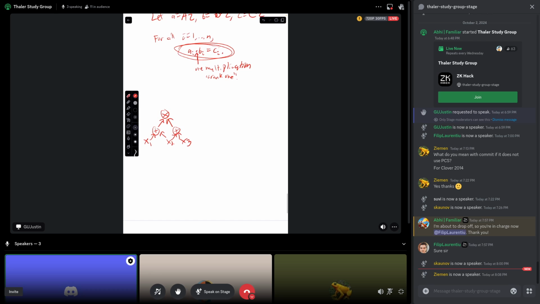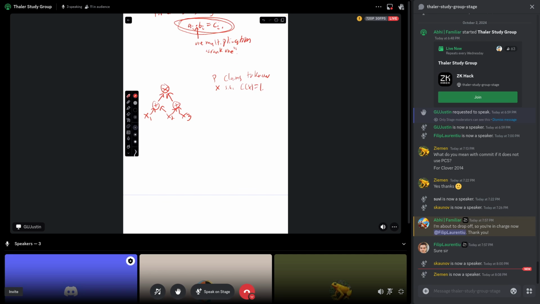Okay, so this is a circuit sat instance. Let's say the prover claims to know an x such that C of x equals 1. So I'm going to turn this into an equivalent R1CS claim. This claim is really equivalent to just a single rank 1 constraint, actually. What is the constraint?